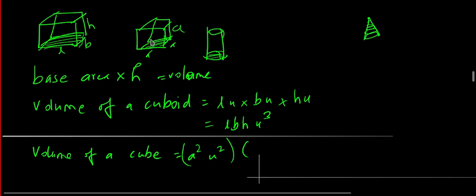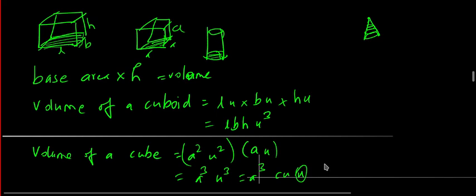In the case of a cube, every edge length is the same, so we have taken the same variable instead of different variables. Everywhere we have taken A only. So the base area is A square units and the height is A units. So totally we have A square into A, which becomes A cube cubic units.